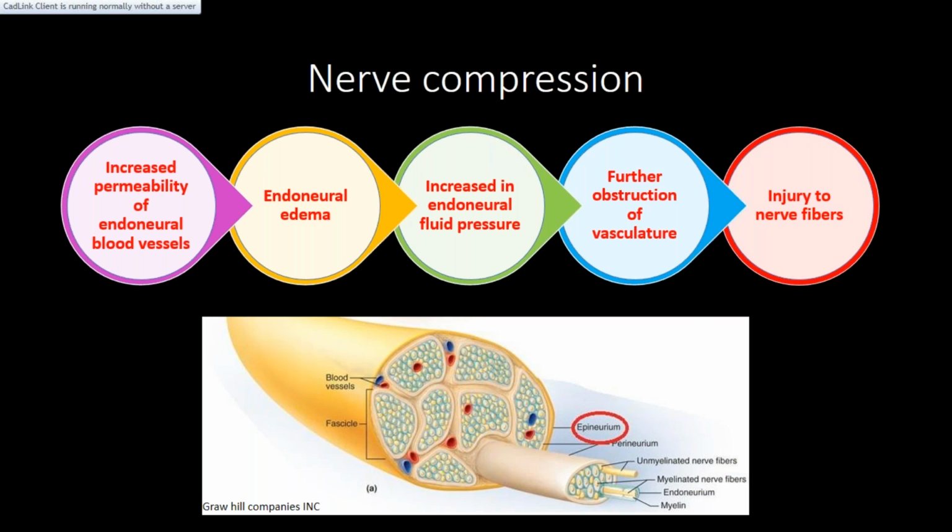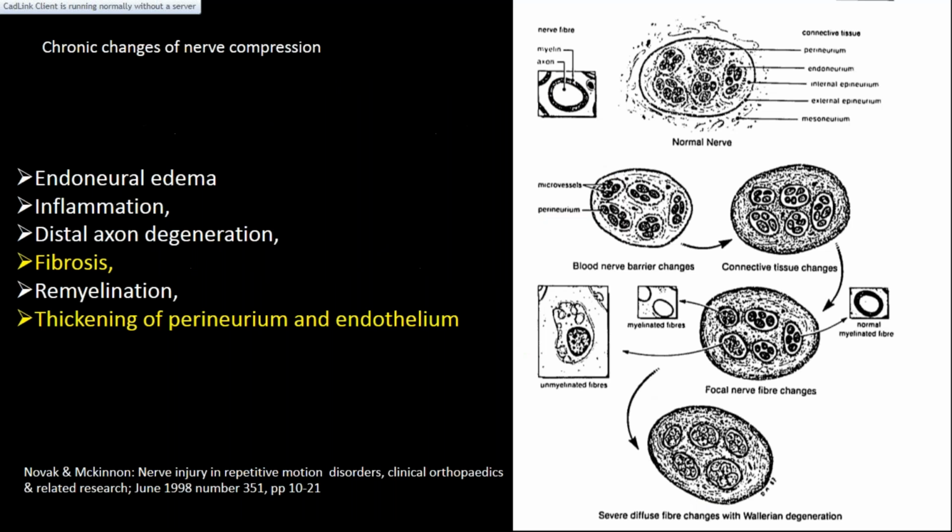So what we actually see when the nerve loses its echogenicity or becomes more hypoechoic is because of endoneural edema. So that's the reason behind the nerve being hypoechoic proximal to the site of compression. Now the chronic changes: two important things that we see with chronic changes in the nerve when it's compressed in an area of entrapment.